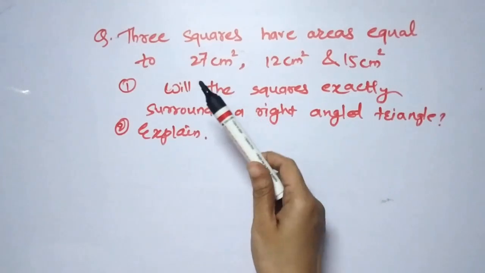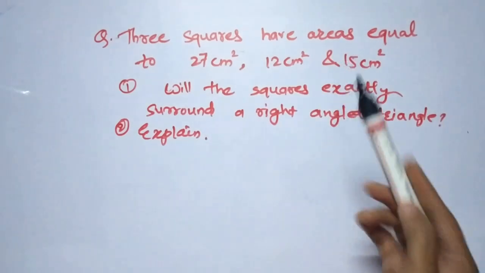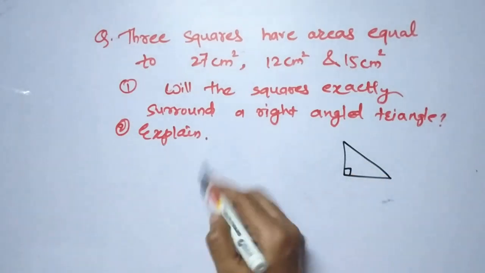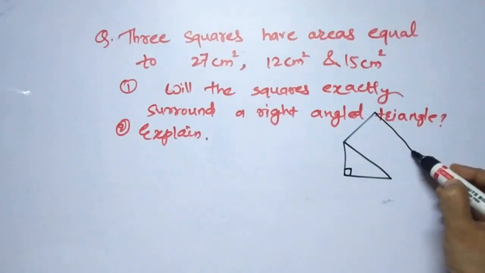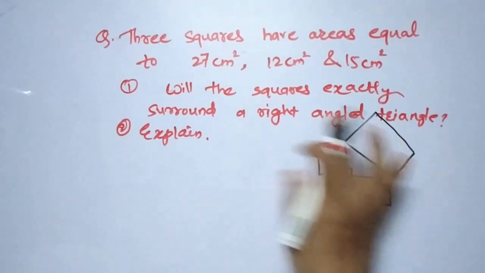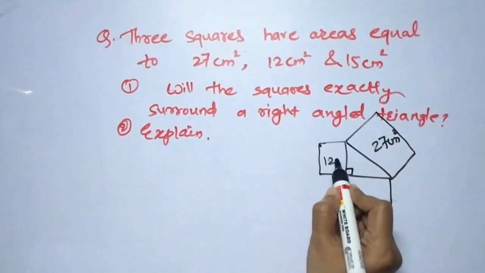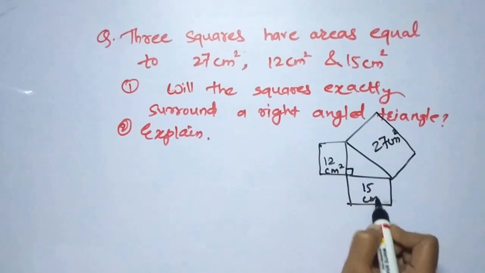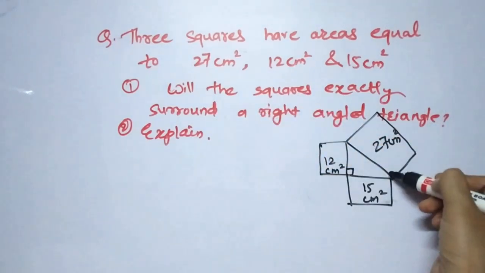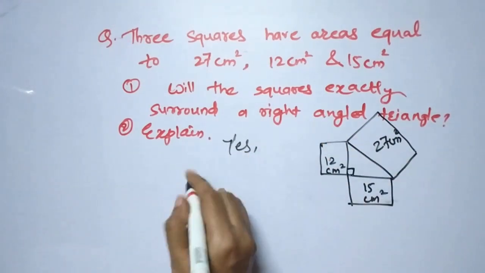So here we have the question: three squares have areas equal to 27 centimeter square, 12 centimeter square and 15 centimeter square. Suppose this is a right angle, and we have been given the squares. This is one square, and these are the two remaining squares. This is 27 centimeter square, on the longest side, and the others are 12 and 15 centimeter square. The question is, will the squares exactly surround a right angled triangle? You can say yes. Why yes? Because of the area of the bigger square.